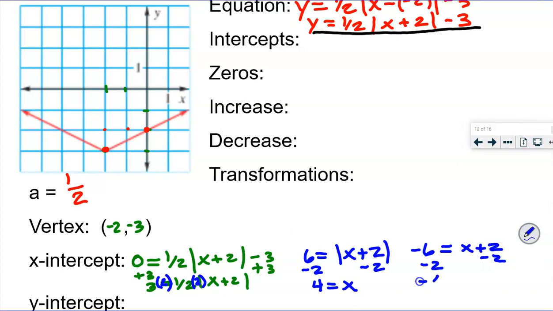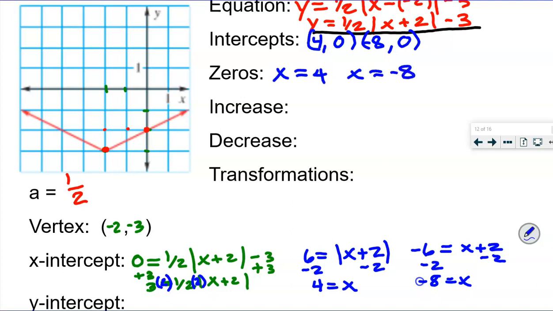And so then that's going to be -8 is equal to x. So these are our x-intercepts. So that means that we've got 4, 0, right? And then we've got -8, 0. Those are our x-intercepts, which those are also our zeros. So we can say x equals 4 and x equals -8, okay?